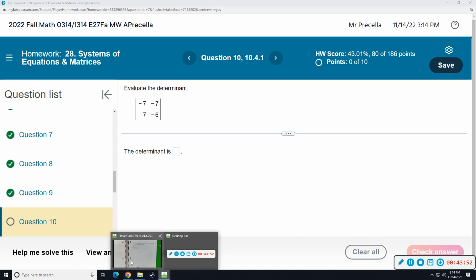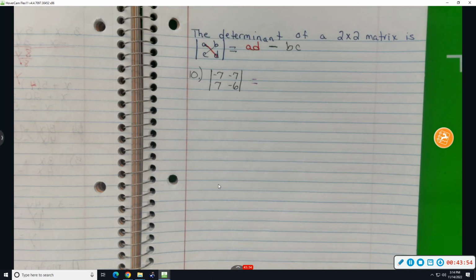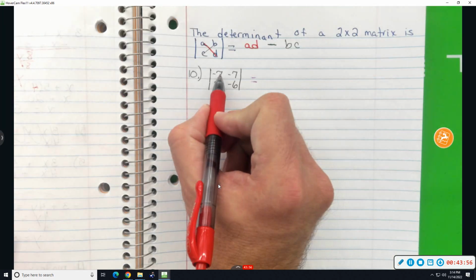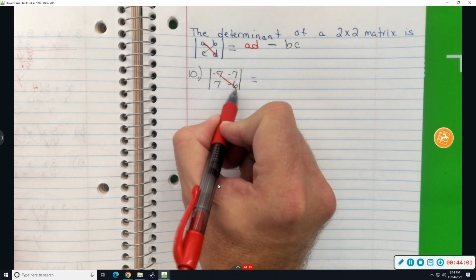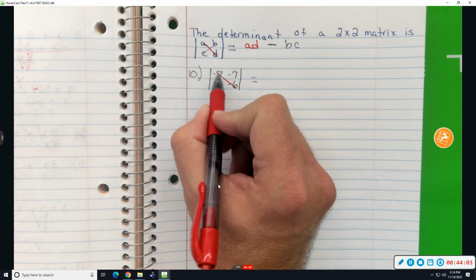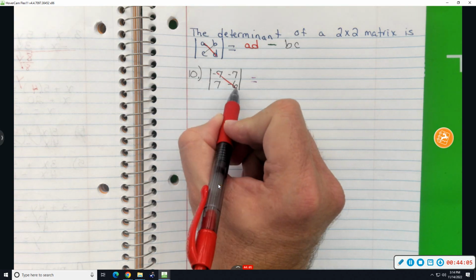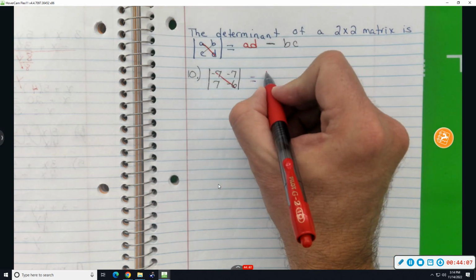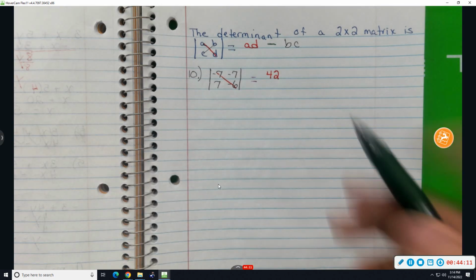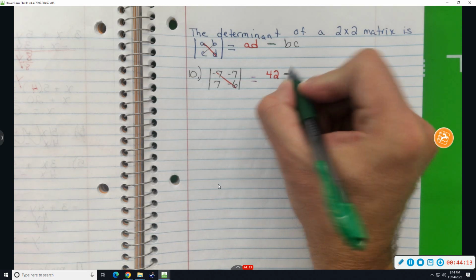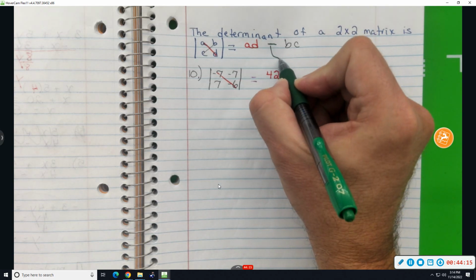Oops. You start with this first number. You're multiplying that way. This diagonal. The -7 times -6, that's a 42. Then this negative that I'm about to write is the one that comes from the formula.